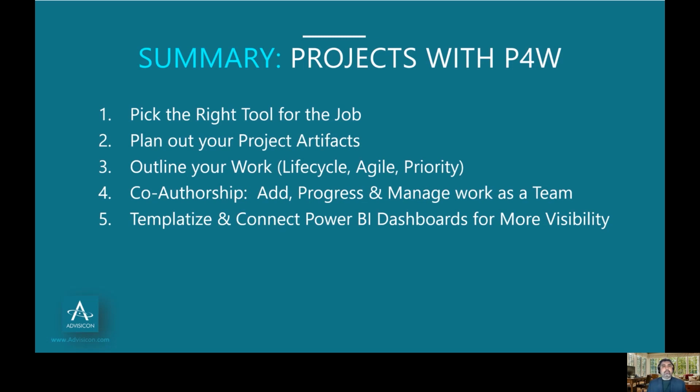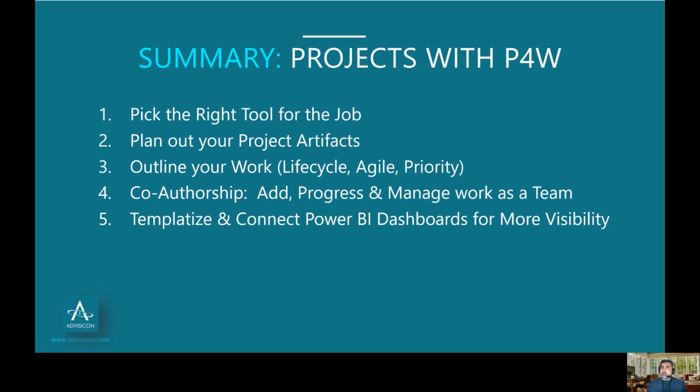So as you begin thinking about that, plan out your artifacts. Where do your documents live? What kind of information do you want to put in there? And then remember, outline that work. I prefer to use kind of a Kanban view that organizes that in terms of the categories. And then I lay out the schedule in a life cycle, whether it's agile or by priority of what needs to happen. That Kanban board or the board view really lets you slip back and forth between those.